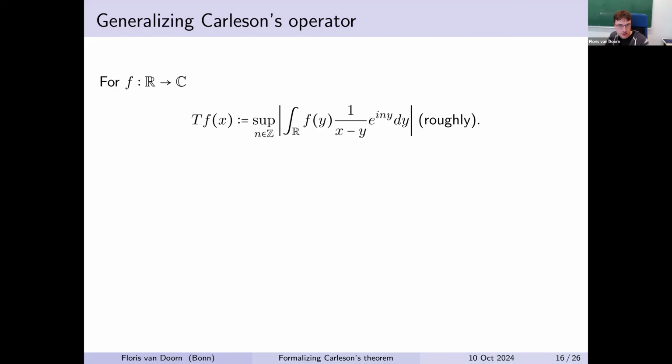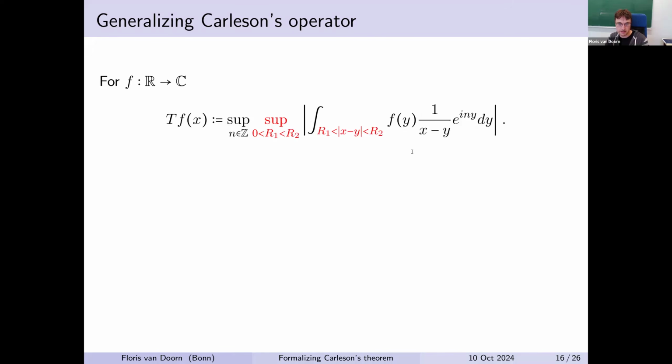And so let me describe some ways in which we generalize it. So this is Carleson's operator, and I'm lying here because in this integral, we're integrating over y, but actually for y equals 0, there's a problem because you're dividing by 0, and this integral actually doesn't exist. So you sort of have to cut away 0, and similarly for infinity, this might also not exist for all functions.